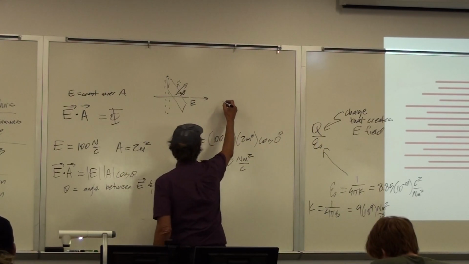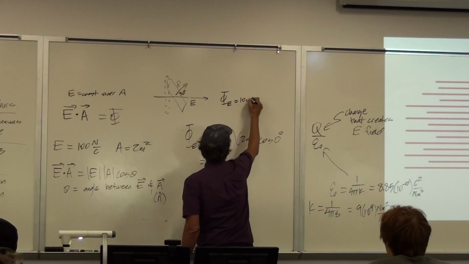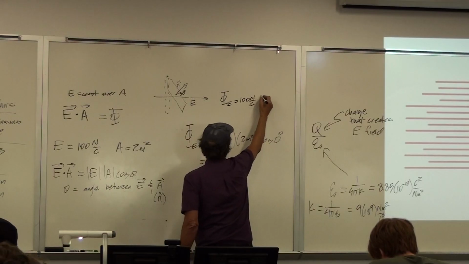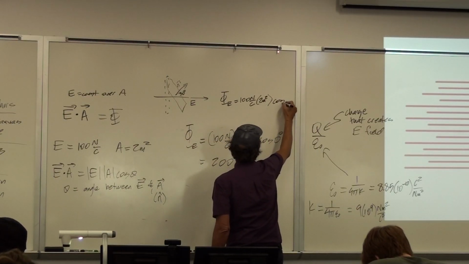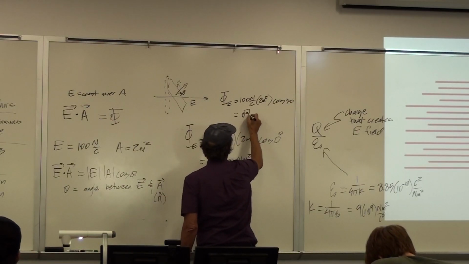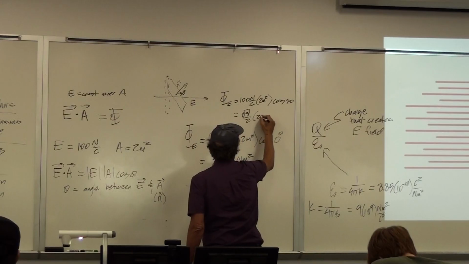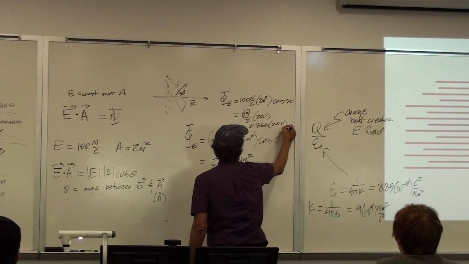If theta is 30 degrees, then the flux E will be 100 Newton per coulomb times 2 meters squared times the cosine of 30 degrees. So that would be square root of 3 over 2 times 200, 0.866 times 200.